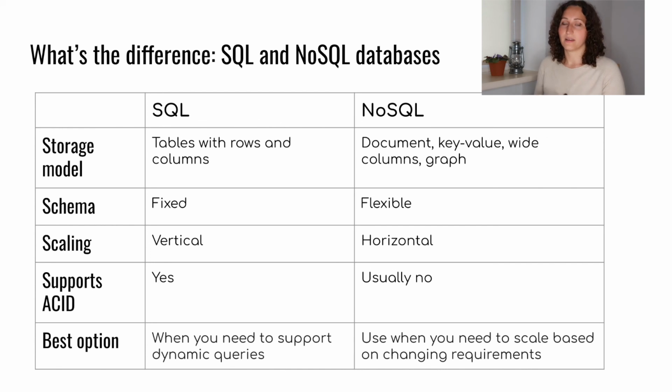SQL databases are the best option if you need to support dynamic queries, joins, complicated filtering, and selection from your data. And NoSQL databases are a really great solution when you need scaling. Of course, if you have a lot of users, you just can't put all the necessary data onto one machine. You have to use a NoSQL database and split your data across several machines.